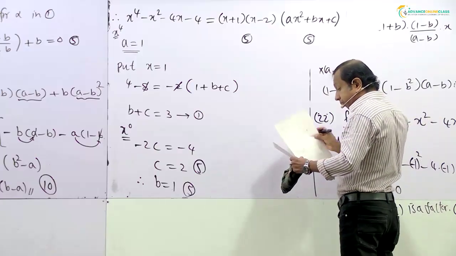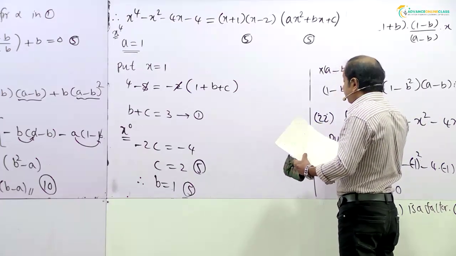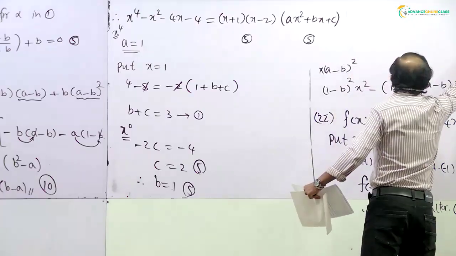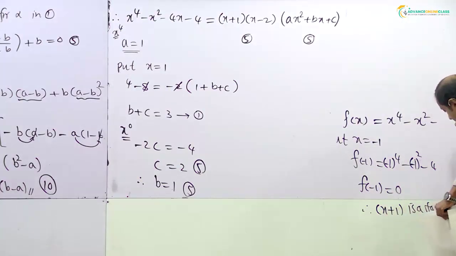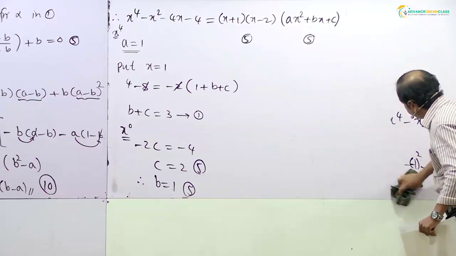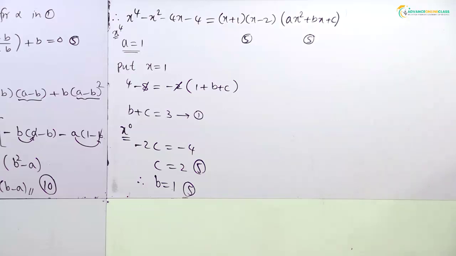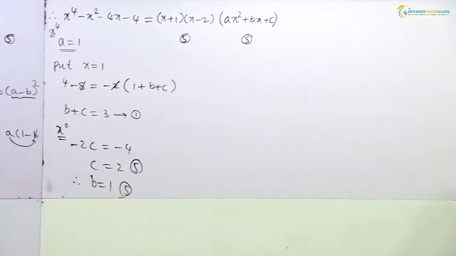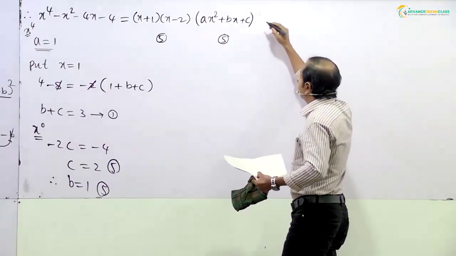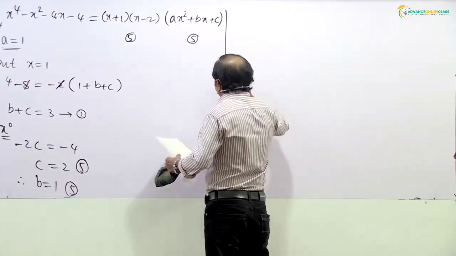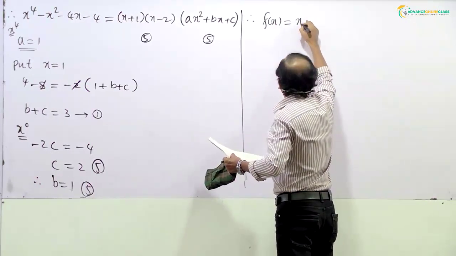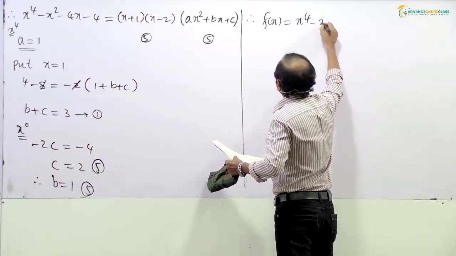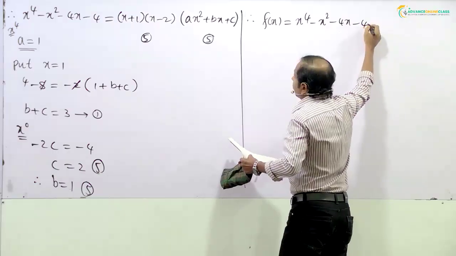Then you can write the factors. Therefore, factors you can write. Therefore, f(x) equals x^4 minus x squared minus 4x minus 4.